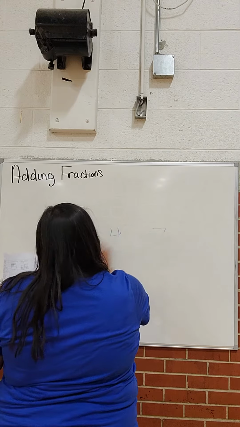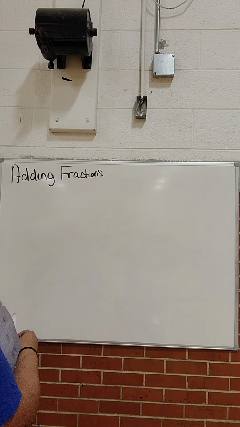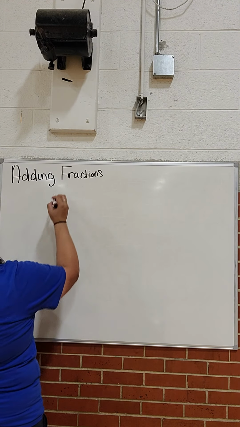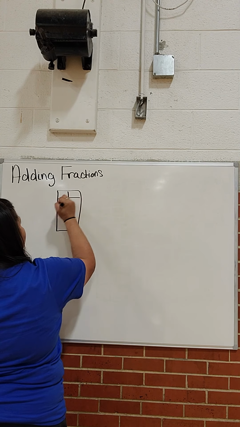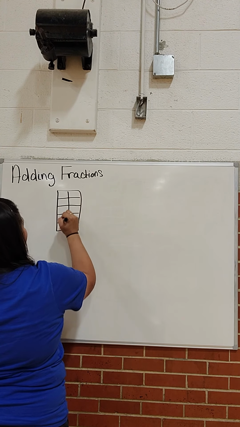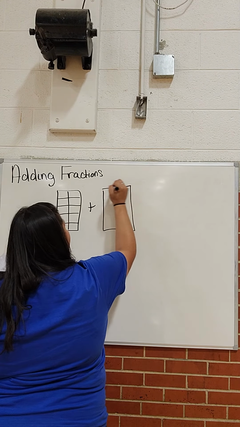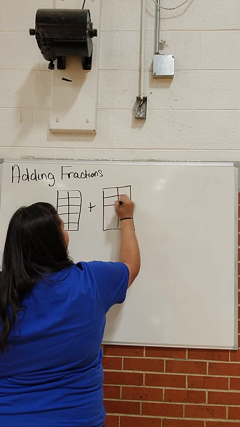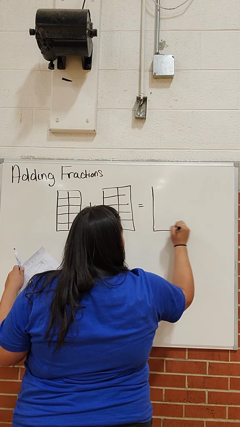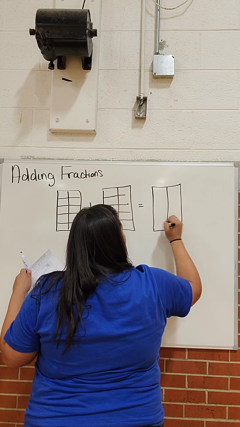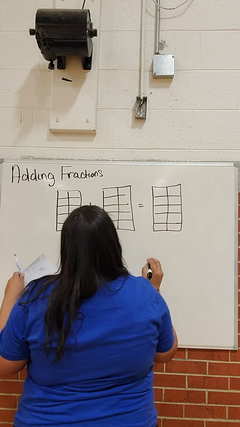For our next example, let's say we've got a whole of 10 plus another whole of 10 equals, of course, if it's the same, a whole of 10 divided up into 10 parts, of course.